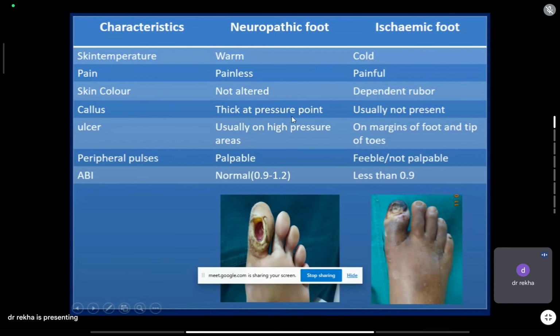The ischemic ulcer occurs on the margins of the toe or foot, and there is a discoloration, either black or bluish. There is callus formation in the neuropathic foot, but there is no callus in the ischemic foot. And ABI is normal in neuropathic foot and less in ischemic foot.